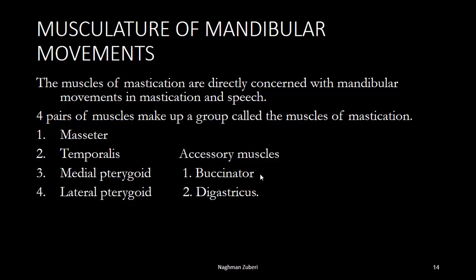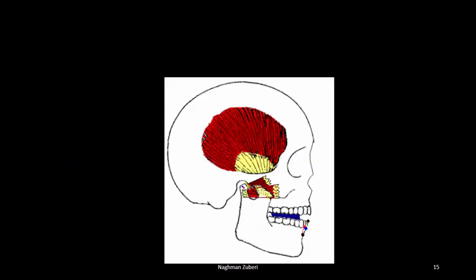Muscles of mastication are an integral part of TMJ. There are four pairs of muscles: masseter, temporalis, medial pterygoid, and lateral pterygoid. There are two accessory muscles of mastication, the buccinator and the digastric muscle.